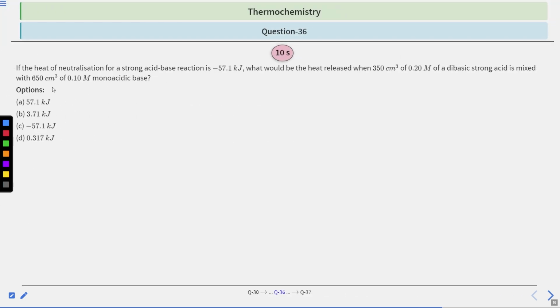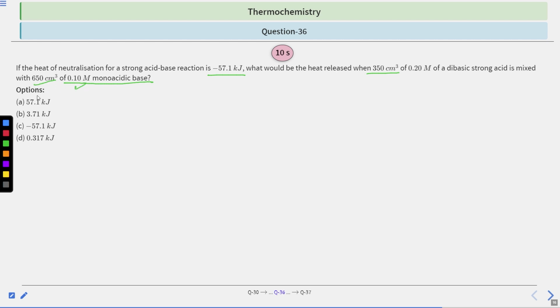Question number 36. If the heat of neutralization for a strong acid-base reaction is minus 57.1 kilojoule, what would be the heat released when 350 cm³ of 0.20 molar dibasic strong acid is mixed with 650 cm³ of 0.10 molar monoacidic base? So we have given volumes and molarity here.